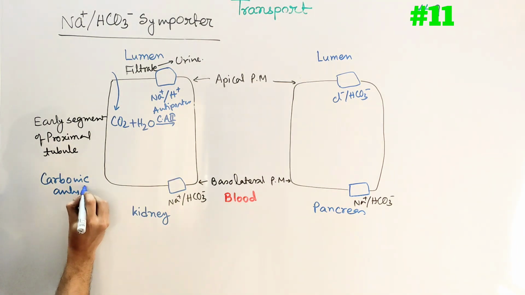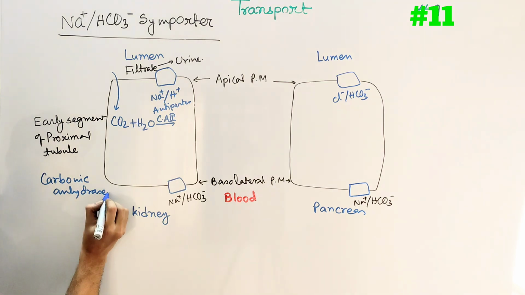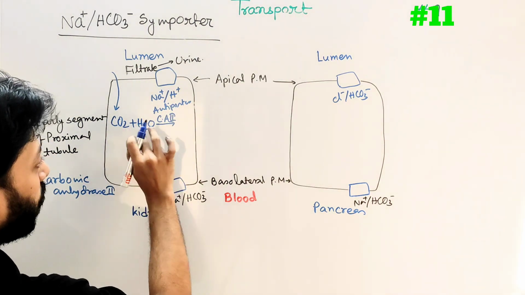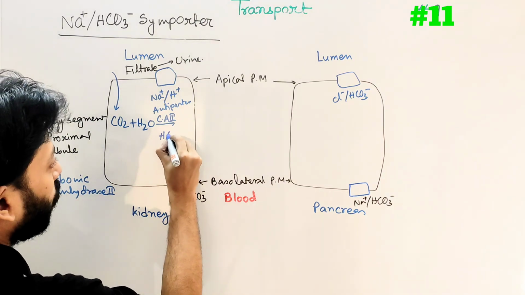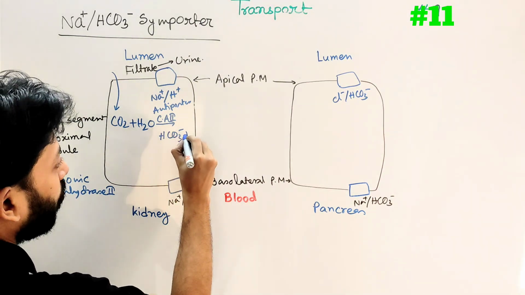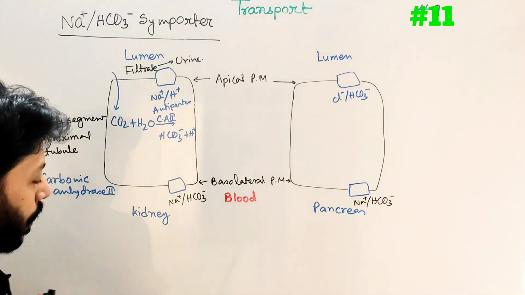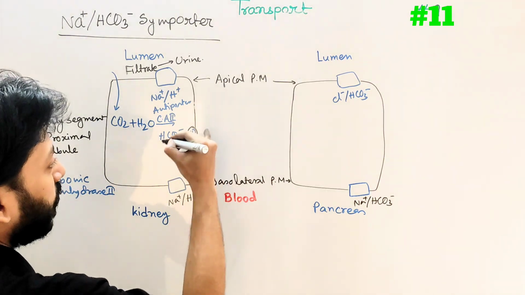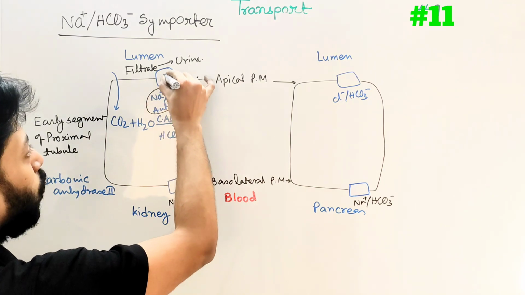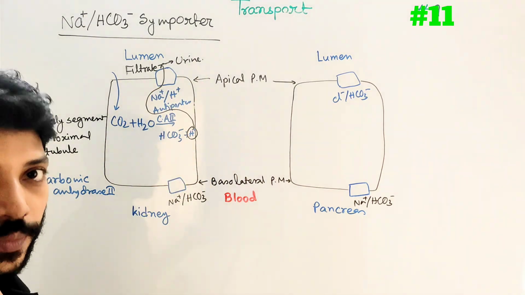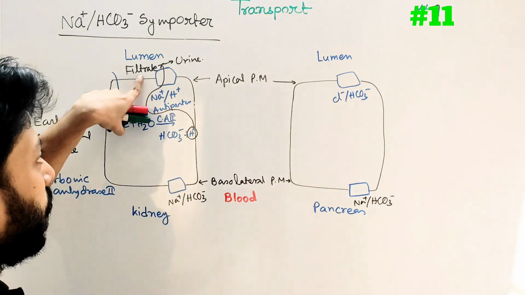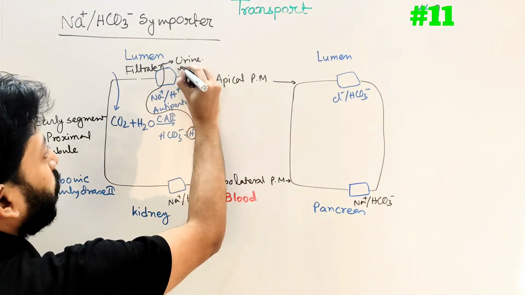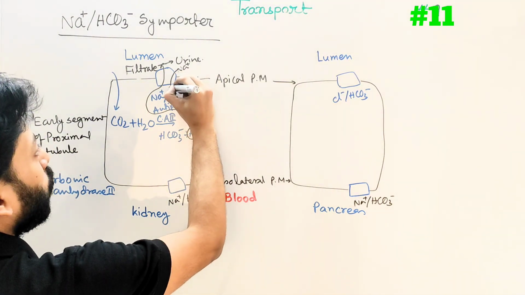This enzyme can split this carbon dioxide and water into bicarbonate and protons. Now the proton that is generated by this reaction is actually exported out of the cell, into the lumen. That means it actually goes to the filtrate, and sodium import occurs.